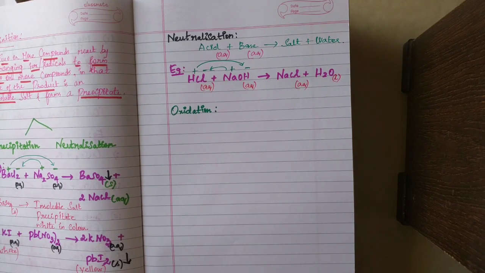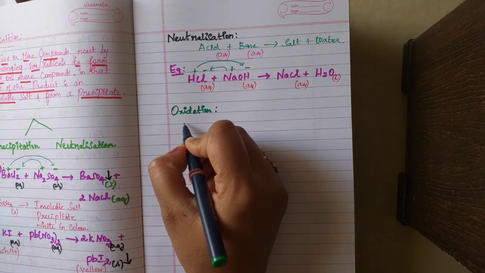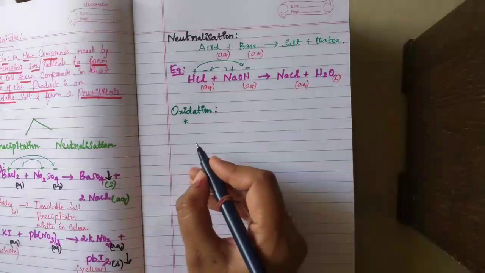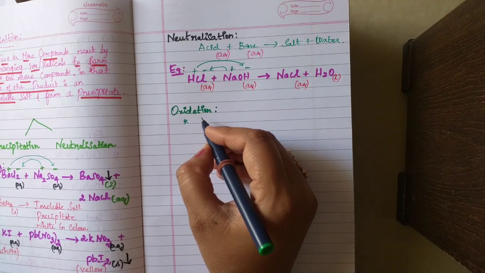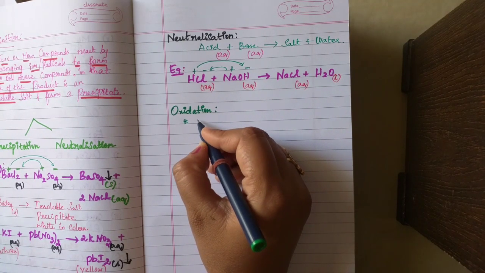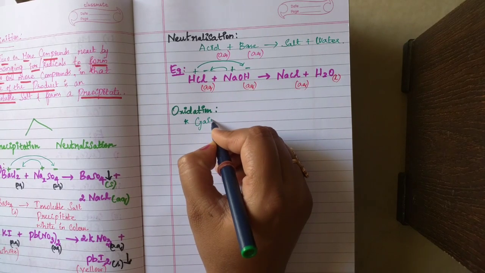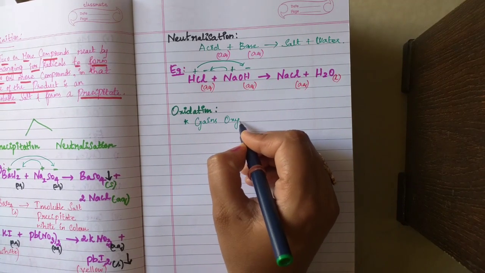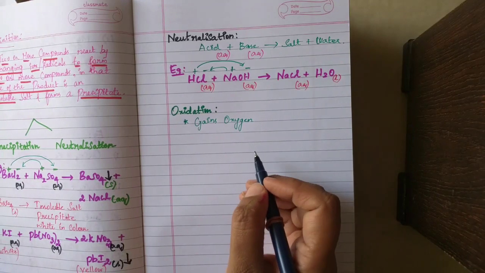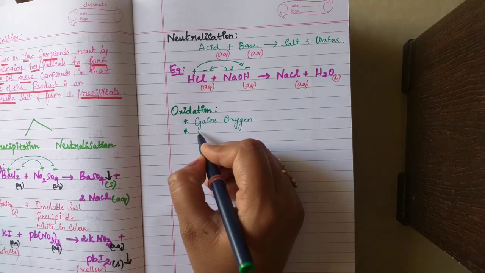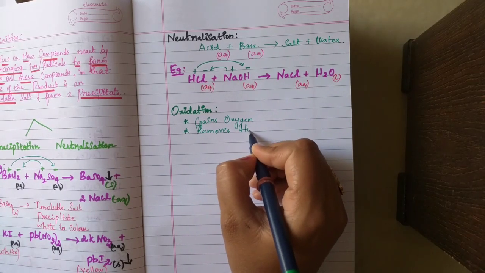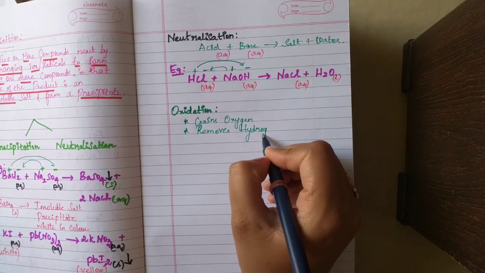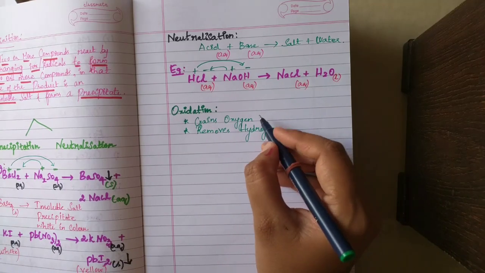Okay, students, here the definition for oxidation: a substance which gains oxygen, that is oxidation, or which removes hydrogen atom, that is also oxidation.